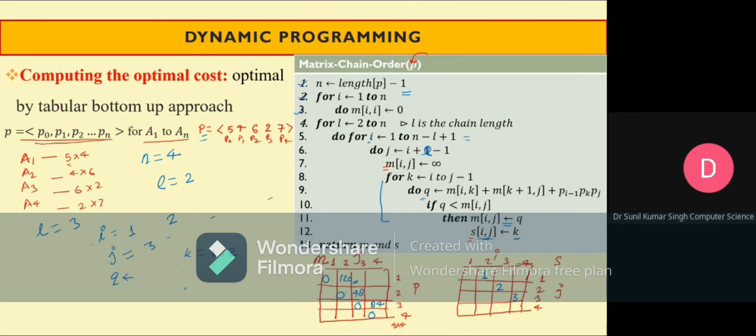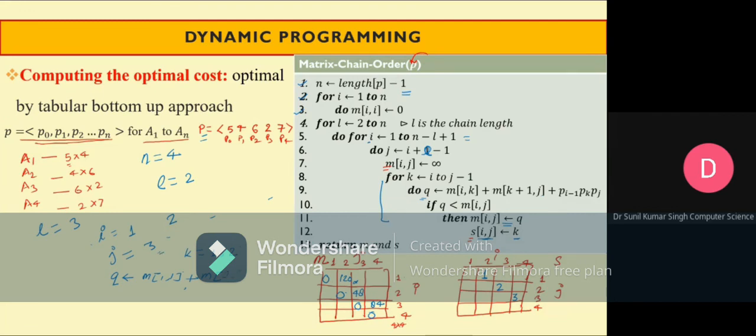So let's first calculate for K is equal to 1. So when K is equal to 1, it will be M1,1 plus M K plus 1, that is 2, and J is 3 given here.